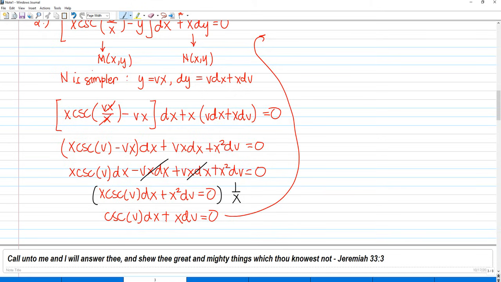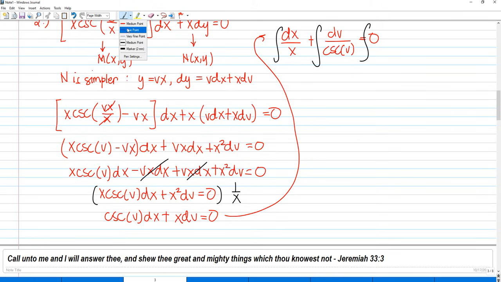We have dx all over x plus dv all over cosecant of v equals 0. And now it is time to integrate.